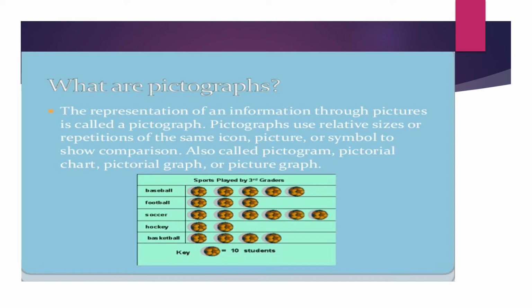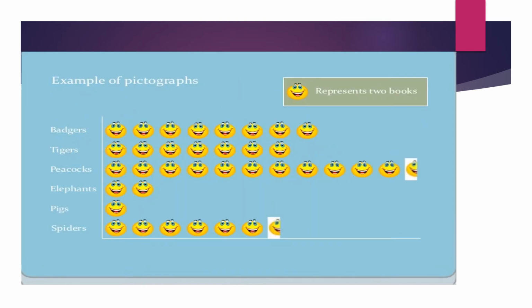Then 60 students play soccer, 20 students play hockey, and 4 students play basketball. This is the easiest and very interesting pictograph to learn.